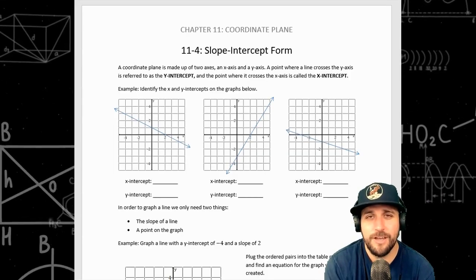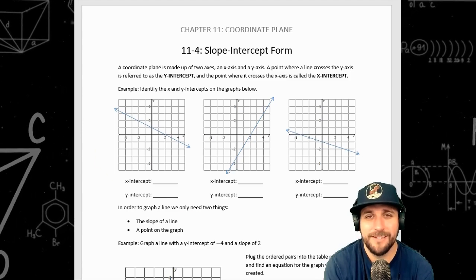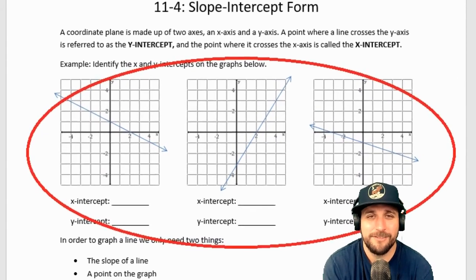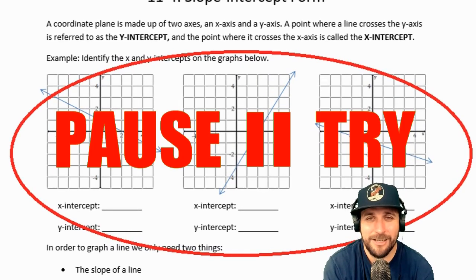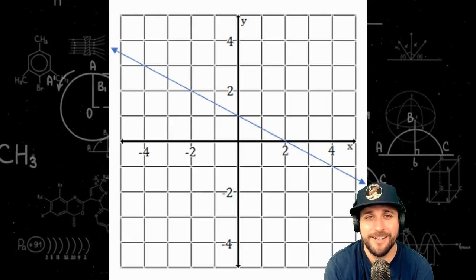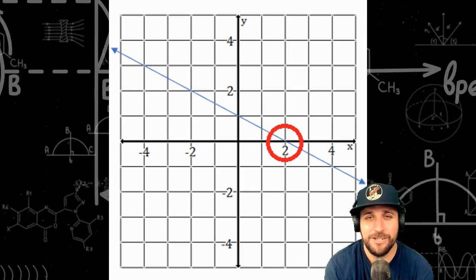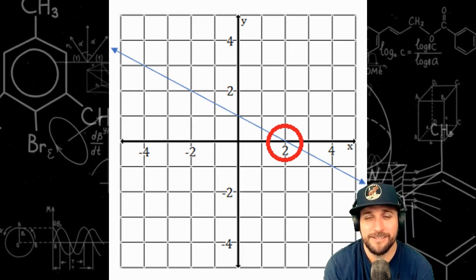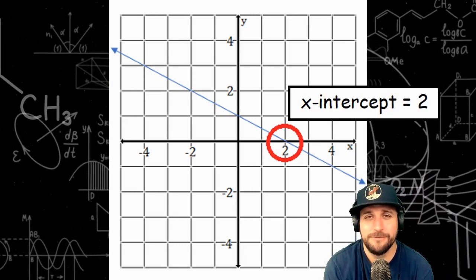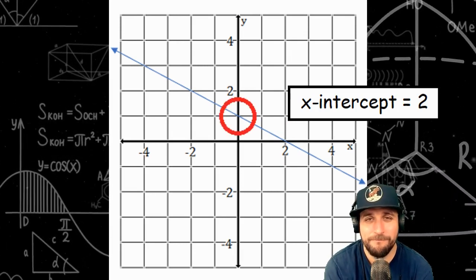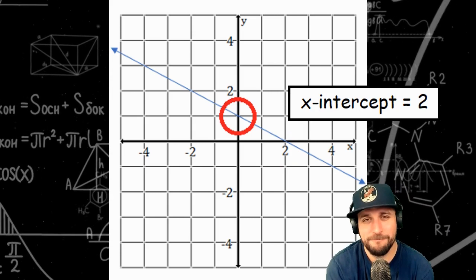So on our notes, we have three examples of identifying x and y-intercepts. If we look at those graphs, could you identify the x-intercept and the y-intercept? Our line in example 1 crosses the x-axis at 2, so our x-intercept is 2. It crosses the y-axis at 1, so my y-intercept is 1.